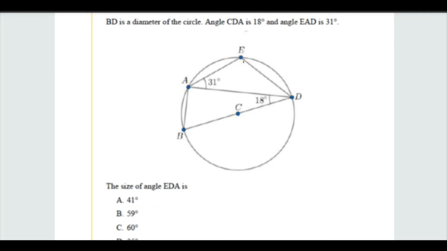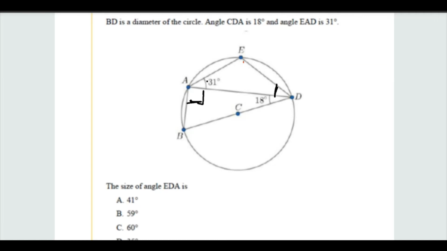Before we can find that angle, we have to find some other angles. Let's apply this rule. This here will be a right angle because the angle in the semicircle is 90 degrees.